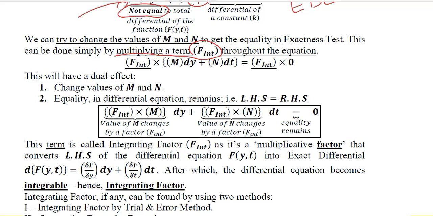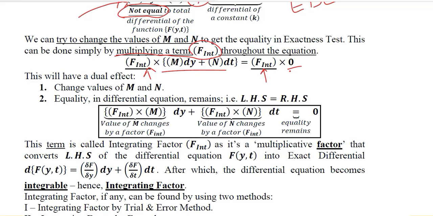Int stands for integration, so it is basically the integrating factor that we are talking about, and if we multiply it with the equation, there will be changes. Why we call it integrating factor is something we will find out once we solve this. So this was the left hand side before, and this was the right hand side. Now we have the integrating factor introduced on both sides as a multiple.